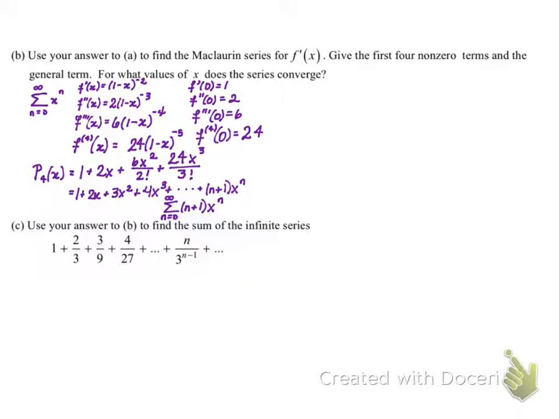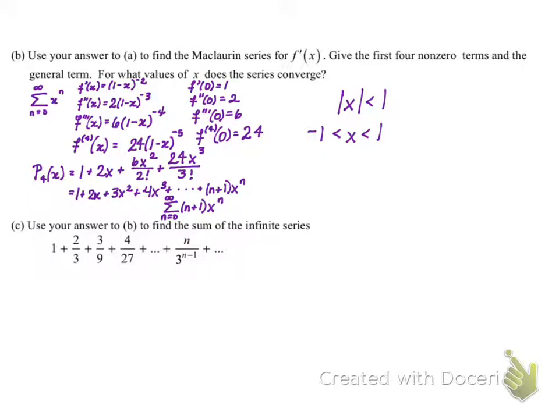Once we've done that, we need to check our endpoints. There's our radius. Actually, our radius is 1. Our center is 0. We need to figure out for what values of x the series converges, so what we really need is the interval of convergence. So we need to find out what happens when x is -1.